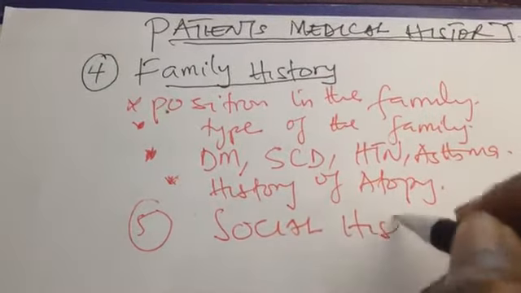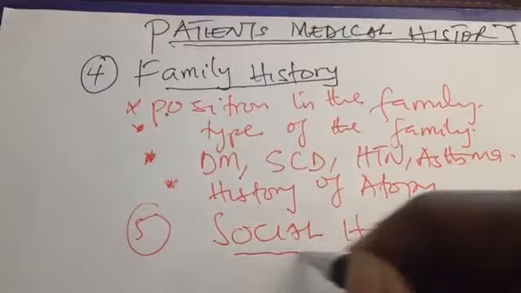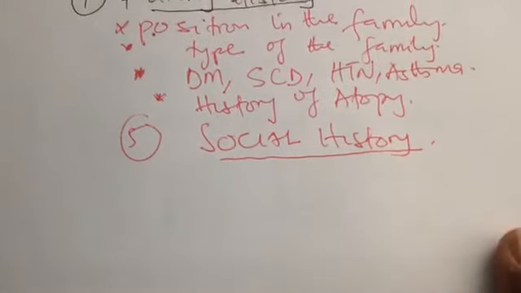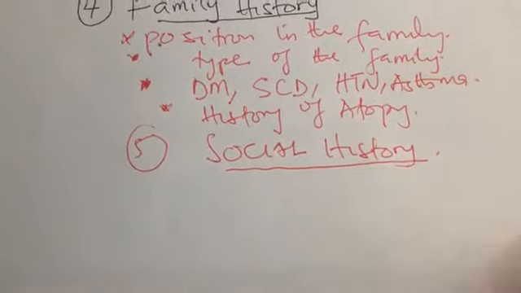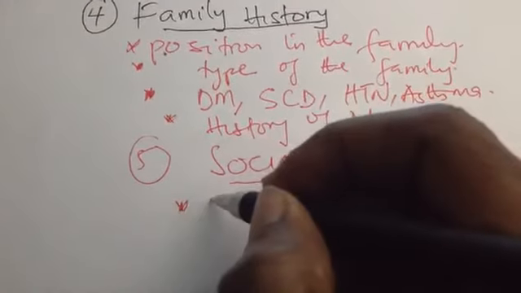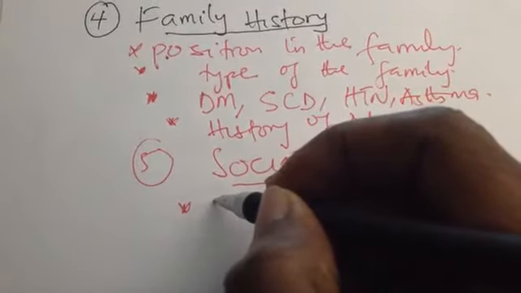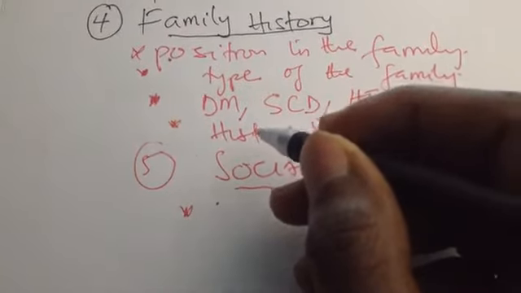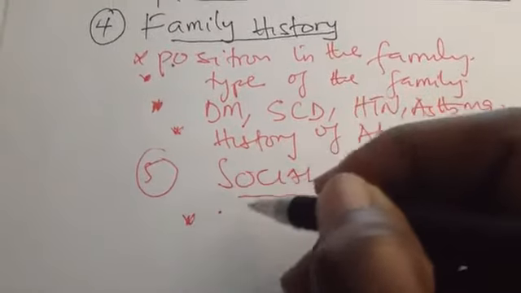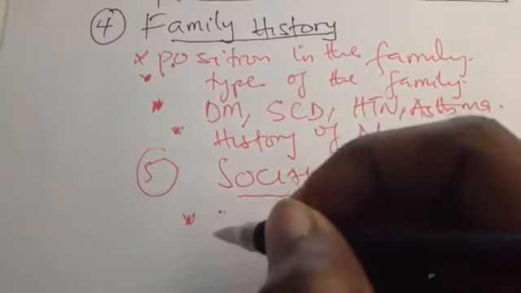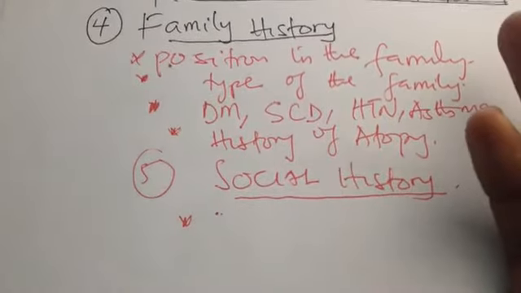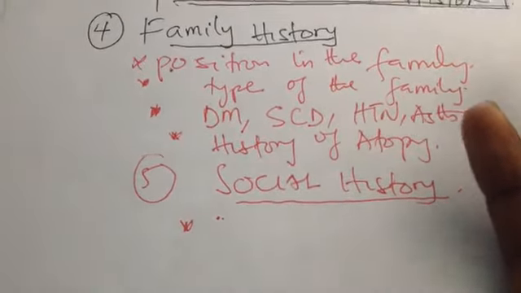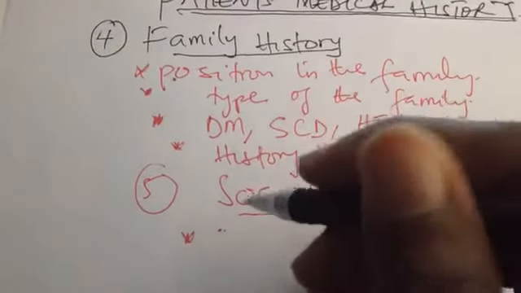The social history. When we say social history, you are going to be asking about marital status. Even though you asked him in the biodata, but if you already know it from the biodata, then there is no need to ask now.